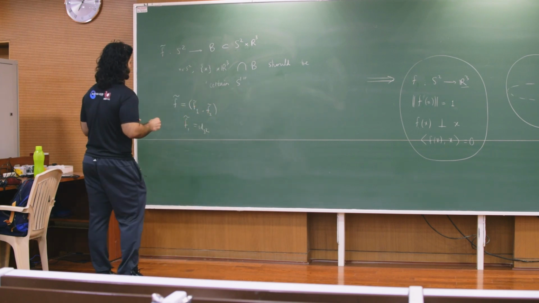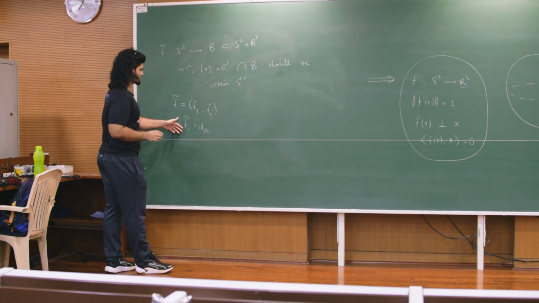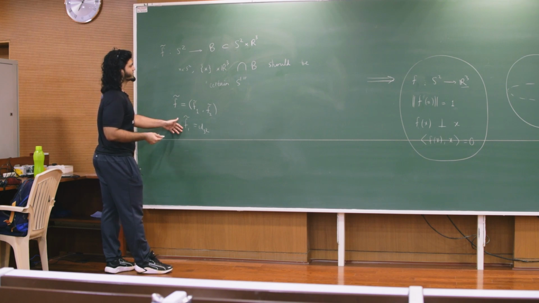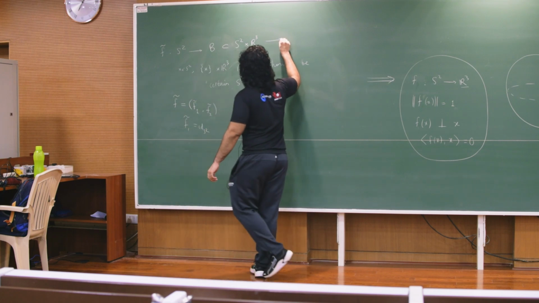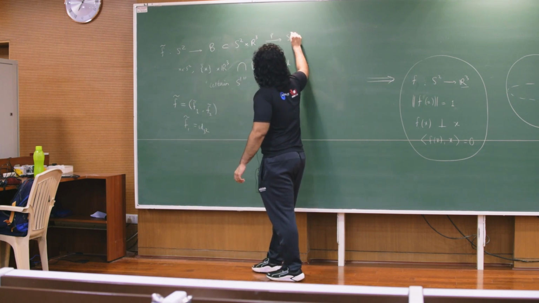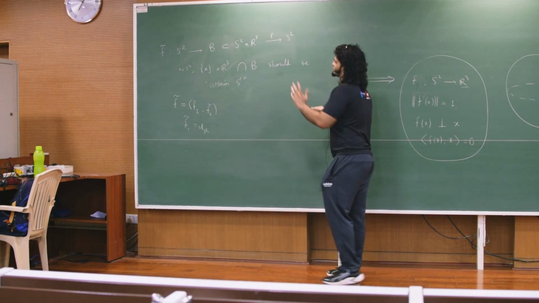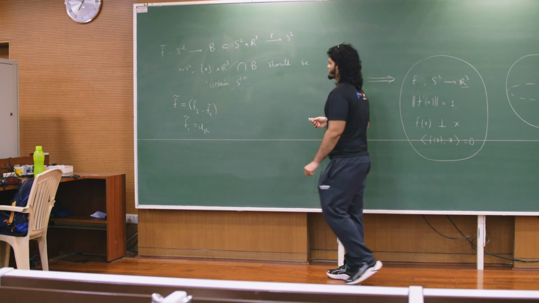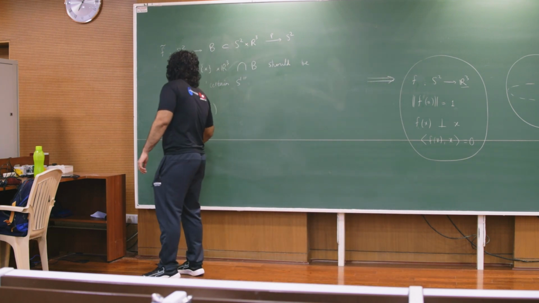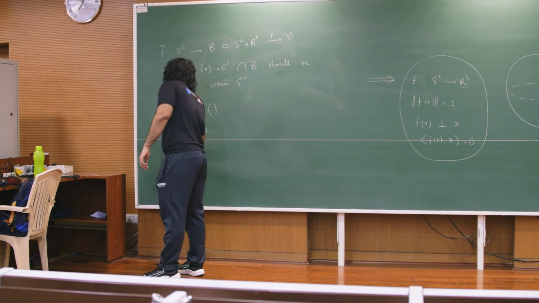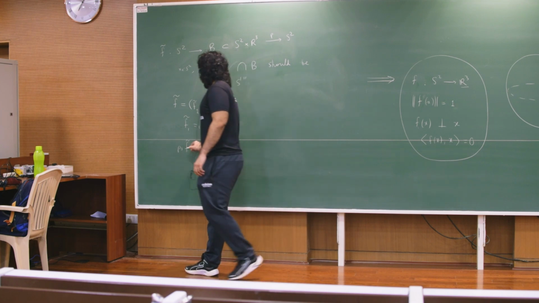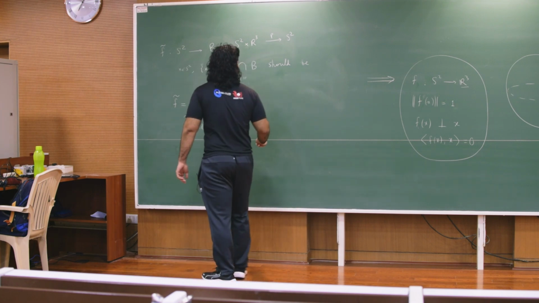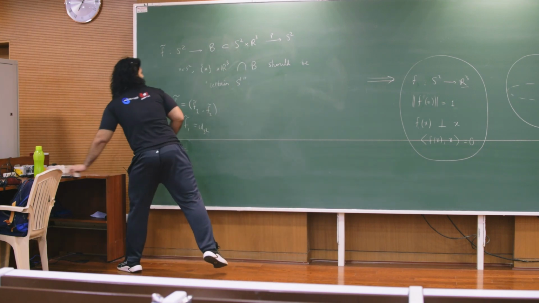Another way to frame this condition of the first coordinate being identity is that you take the map from here to S2, which I'll call P, which is just the projection onto the first coordinate. So if I apply f tilde and then I apply P, let me draw a few arrows.